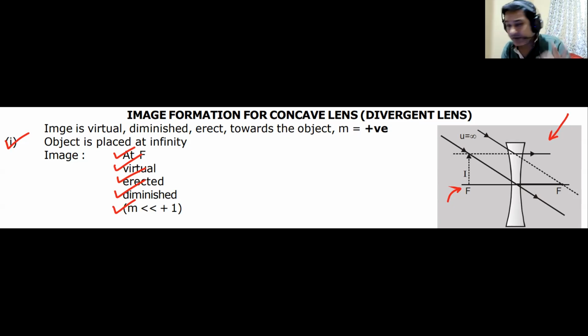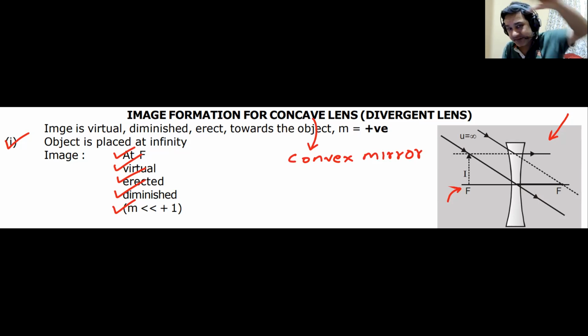It is pretty simple. Image formation by this concave lens is same as image formed by what? It is same as the image formed by a convex mirror. Do we understand this?